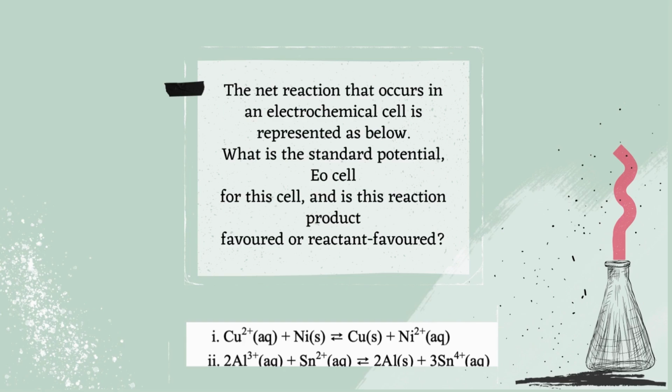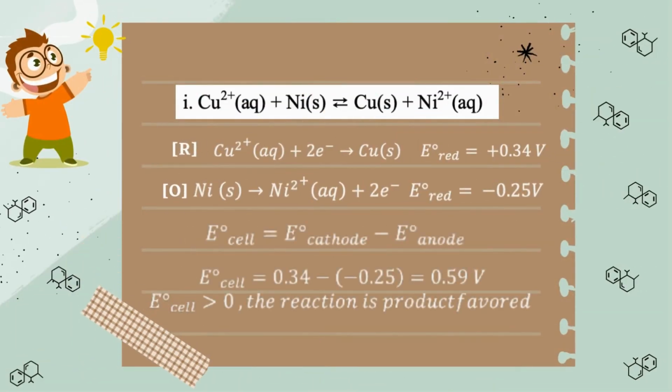So this question gives two reactions. Let's solve this. For the first reaction, we have Cu2+ and Ni forming Cu and Ni2+. Now let's break it down, first identifying the half reactions and their potentials.